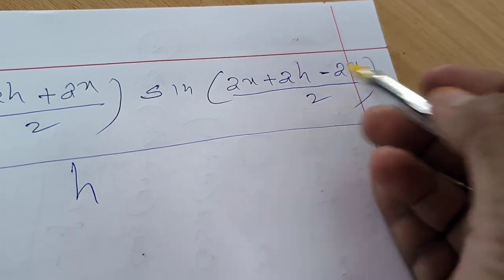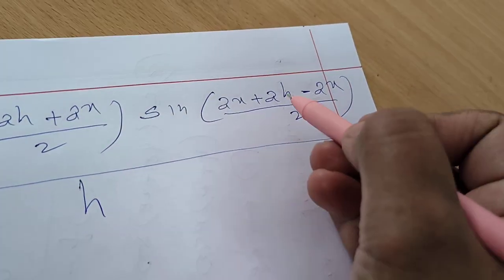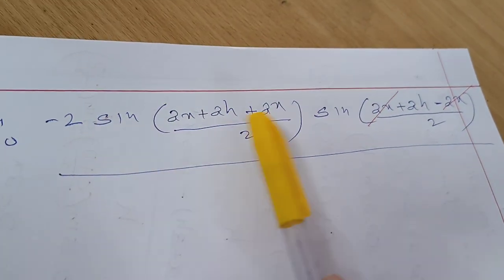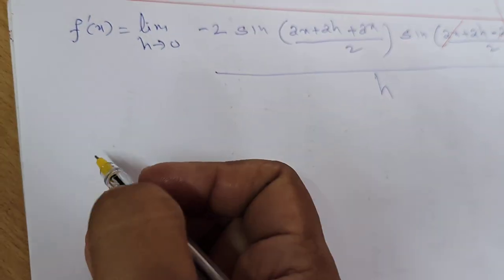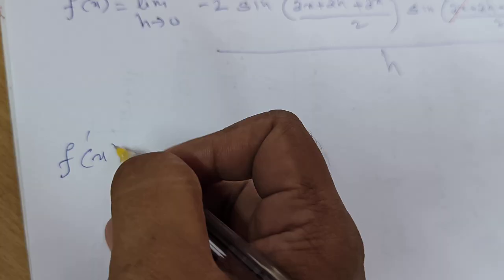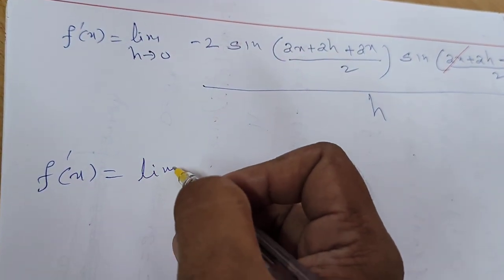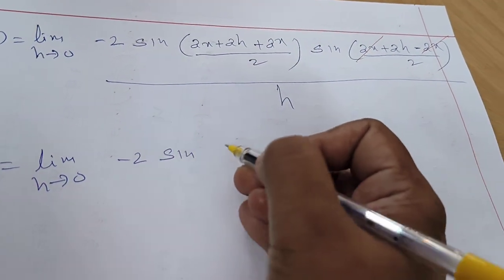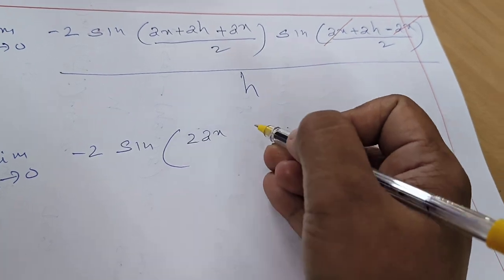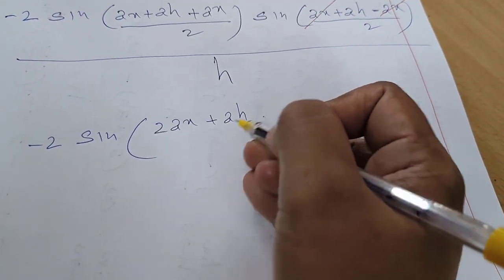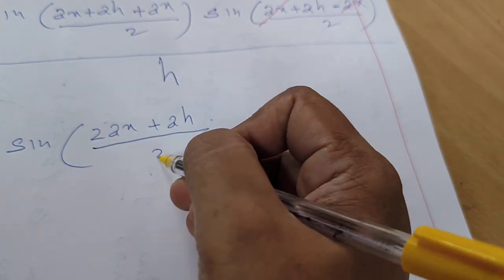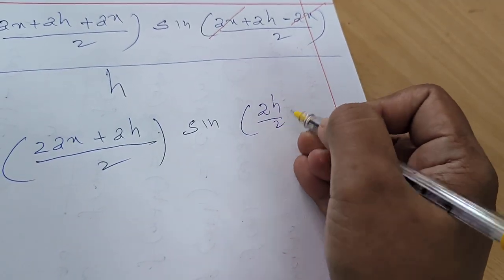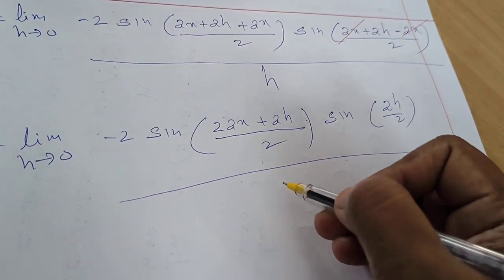Now here it is plus ax minus ax, so we will cancel the first and last term. And this ax plus ax becomes 2 times ax. So here we will write f dash of x is equal to limit h tends to 0 of minus 2 sin of (2ax plus ah) by 2 into sin of ah by 2, whole divided by h.